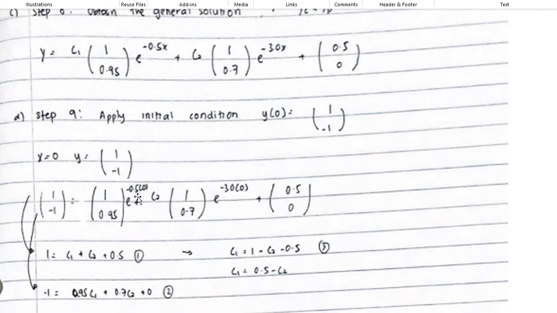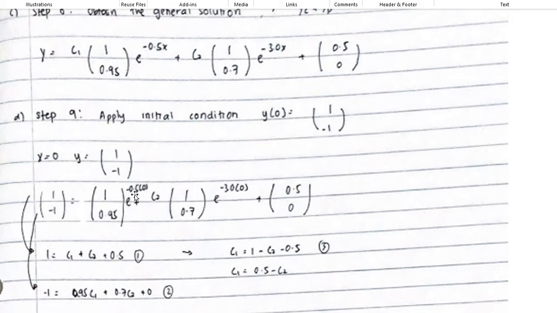So I didn't write it here, I just simplify. After that, from here, 1 equals C1 times 1 times 1.